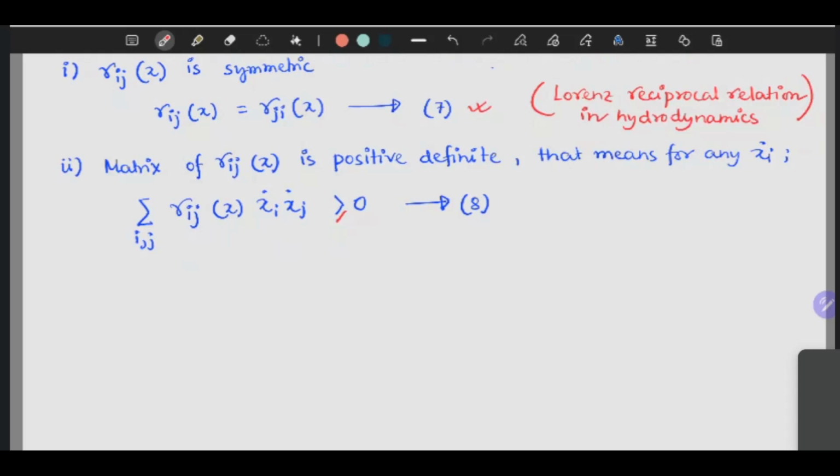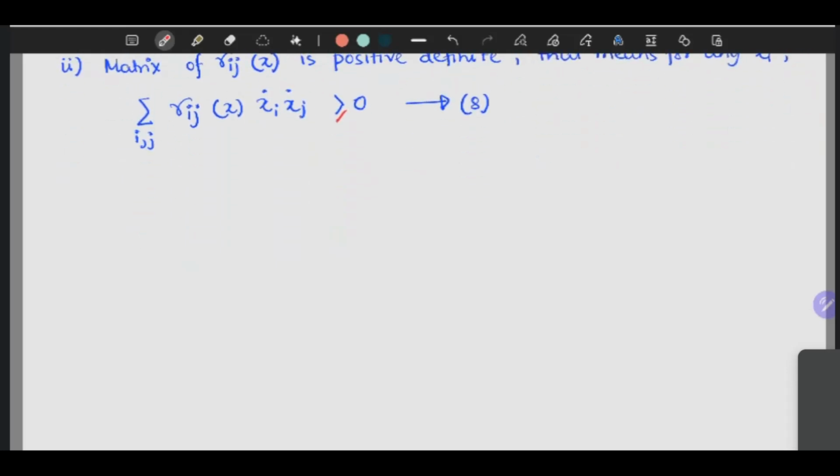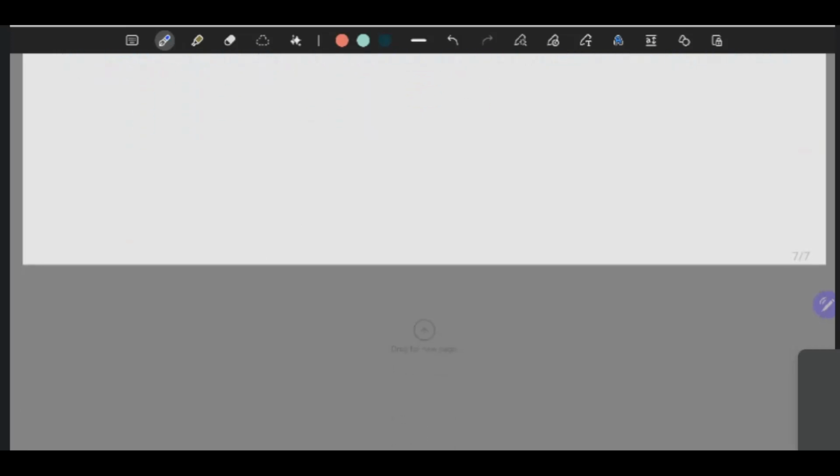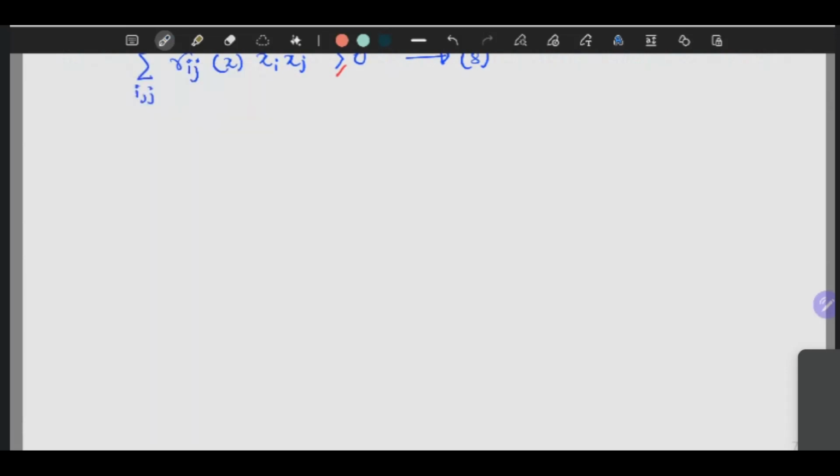Okay, so basically what we want to say is that, let's say a particle is moving in x direction.